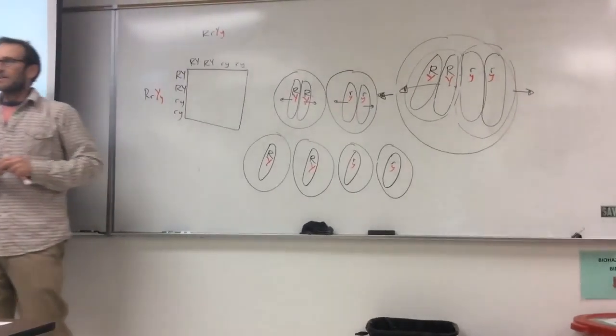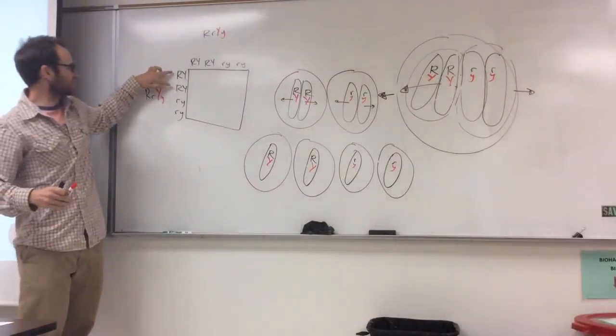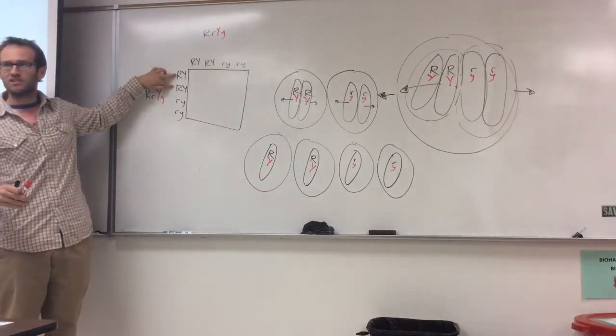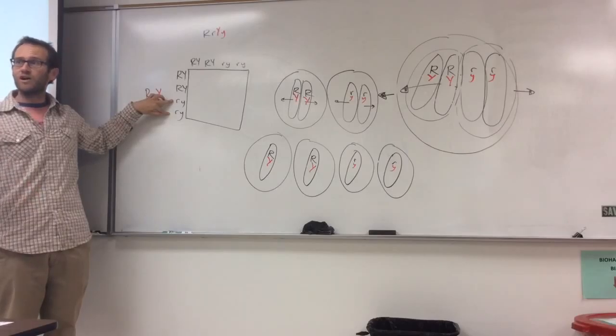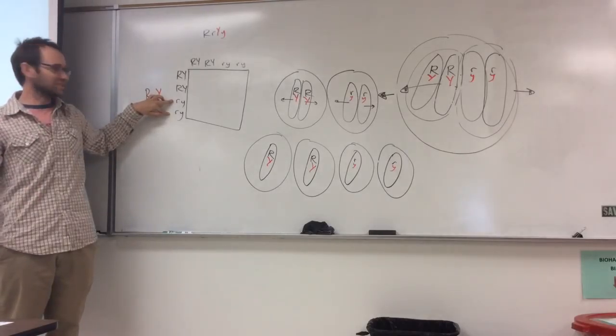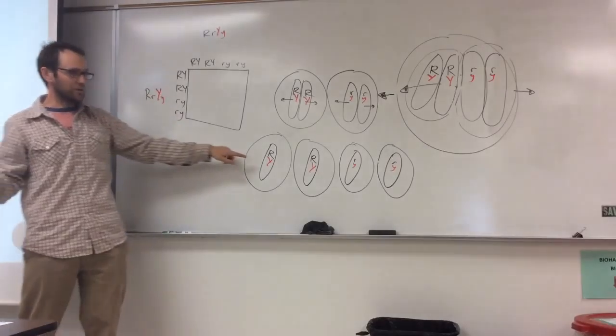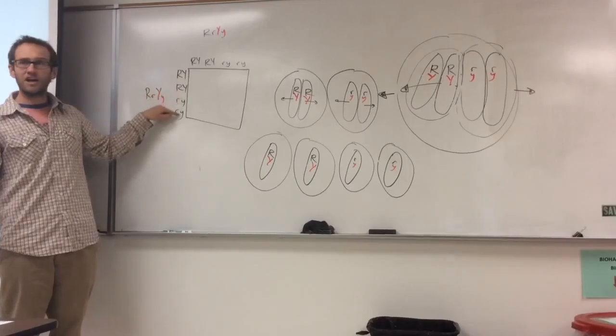Now, you might notice that I made this a little more complicated than I need to, because the reality is these are the exact same genotype. These are the exact same genotype. So if you want to not ever get confused, you can always set it up like I set it up here and just figure out all the possible products of meiosis and then write them along the side here.